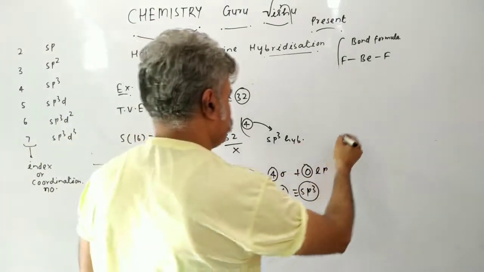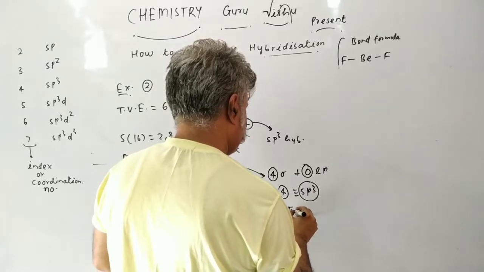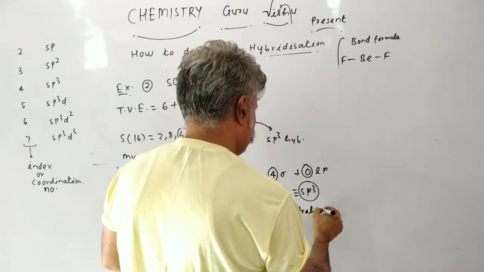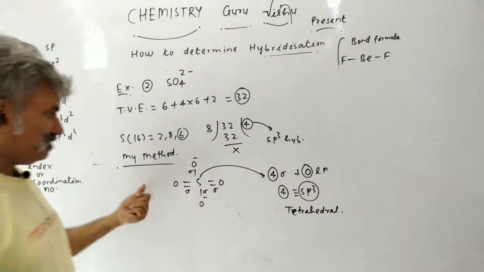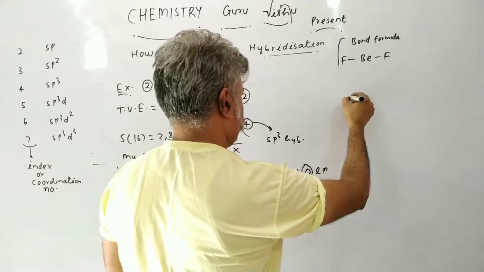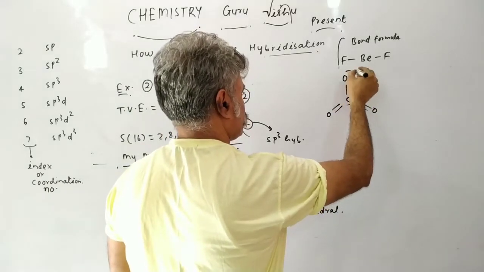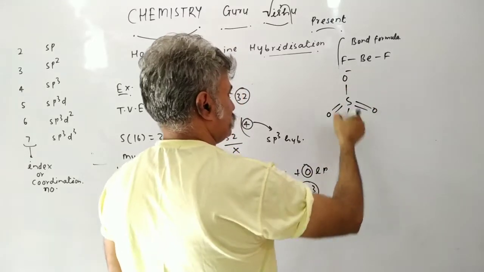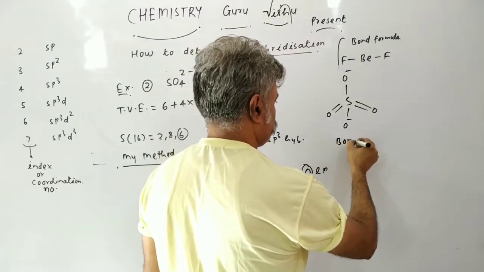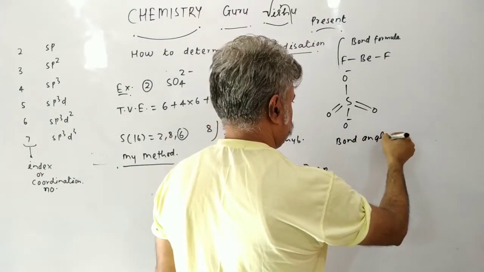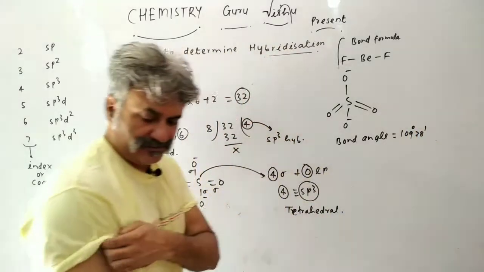So now hybridization is sp3 and we have tetrahedral geometry. So by using the fourth method, which I am calling my method, you can completely give the picture. This is a tetrahedral bond and the bond angle is 109 degree 28 minutes.